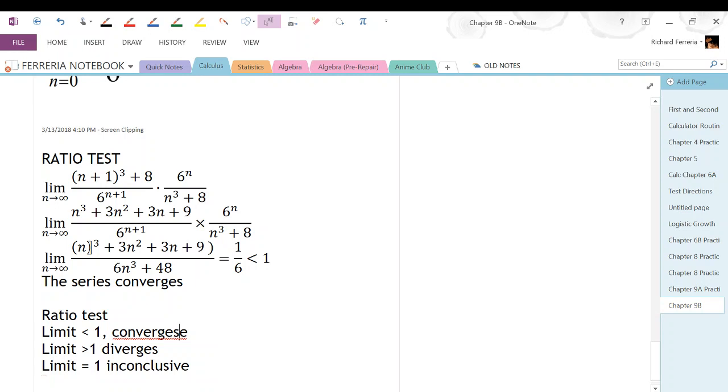Converges. Mr. Ferry, if we get inconclusive on the test, I'm going to start crying. What do we do after we take the ratio test? You have to do a different test. If it's inconclusive, then you may want to think about the integral test.